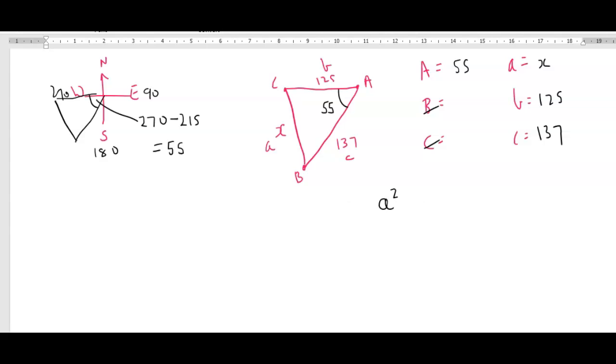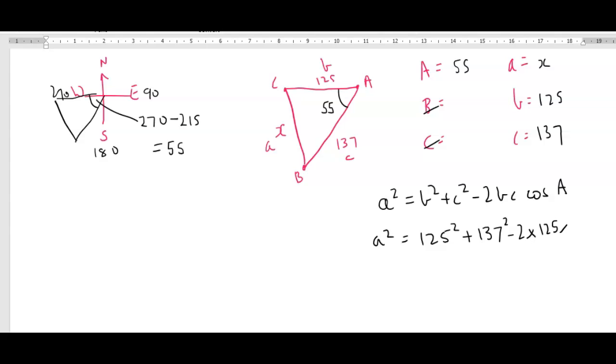A squared equals B squared plus C squared minus 2BC cos A. B is 125, C 137, minus 2 times 125 times 137 times cos 55. Now we want to take the square root of both sides, and we'll just plug that into our calculator.